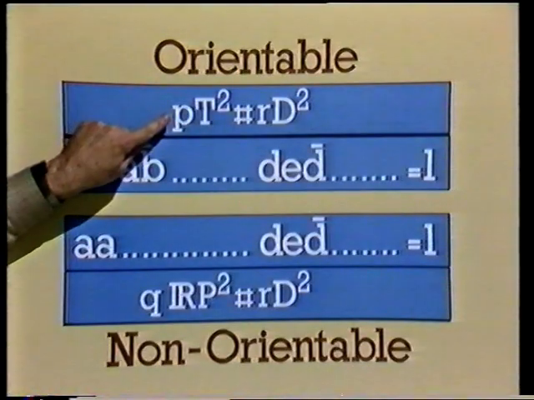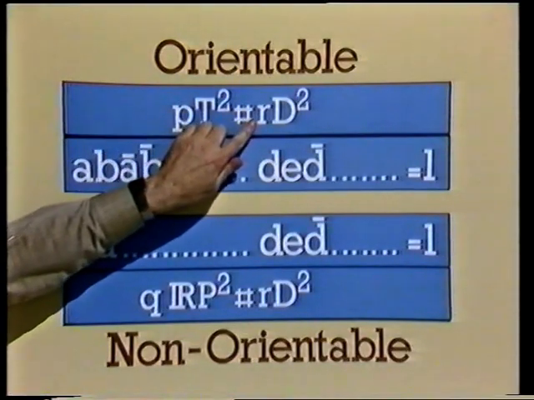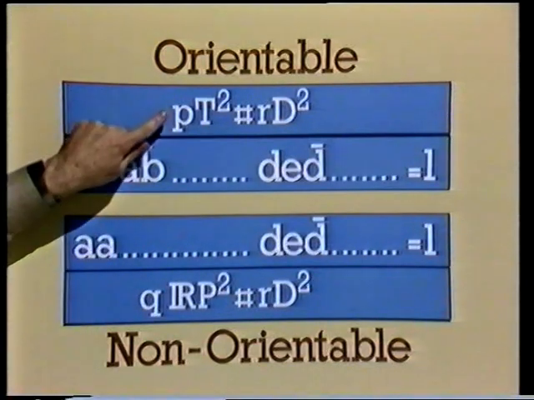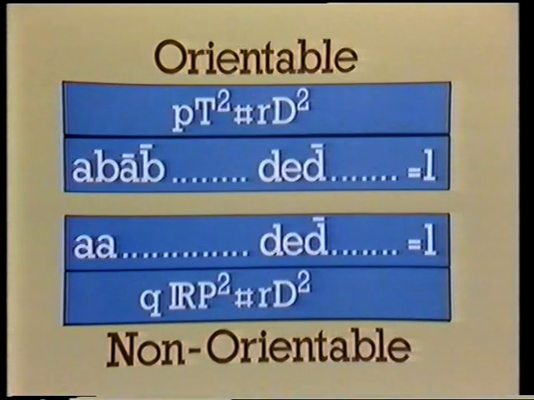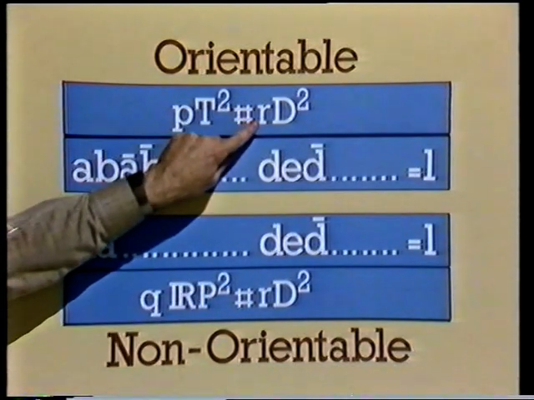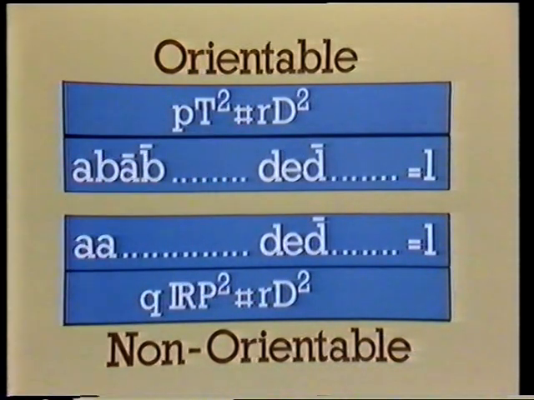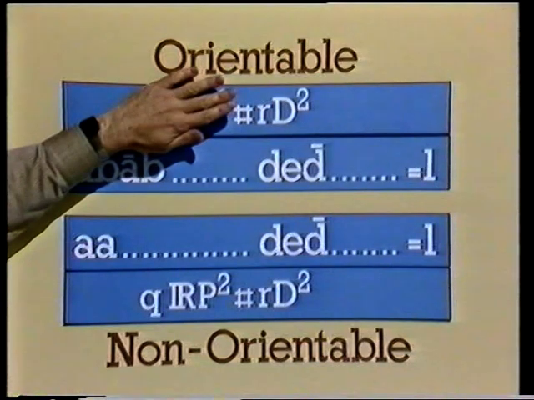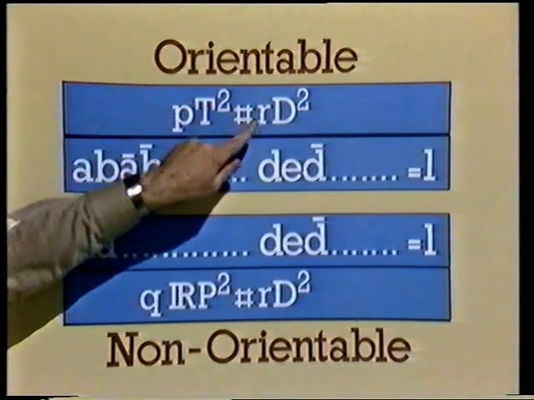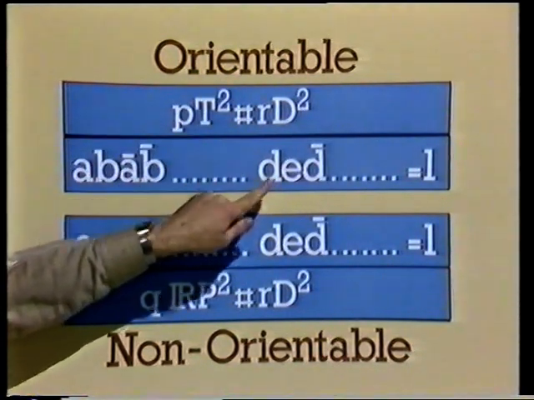It's got P handles and R boundary curves. The torus, P equals 1. Two-hole torus, P equals 2, and so on, with any number R of discs removed, that is, any number of boundary curves. And if P equals 0, so that there are no handles, then R equals 1 gives the disc.